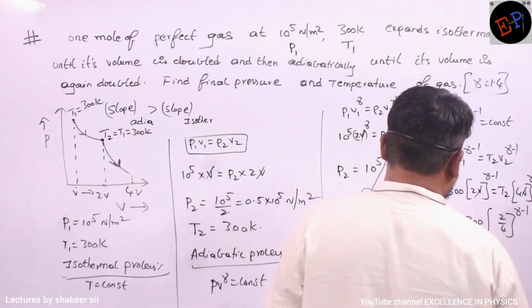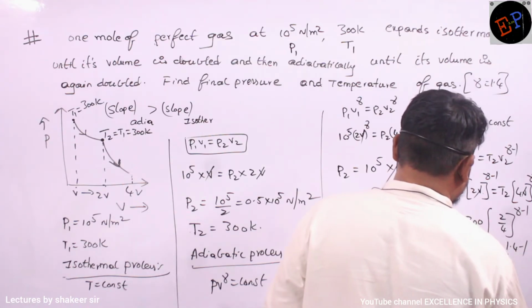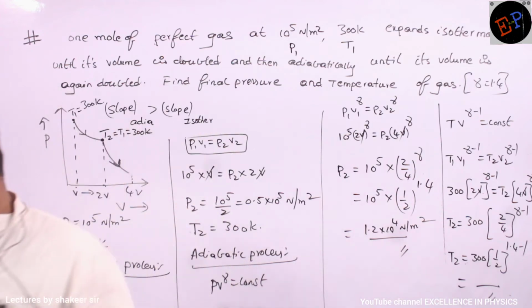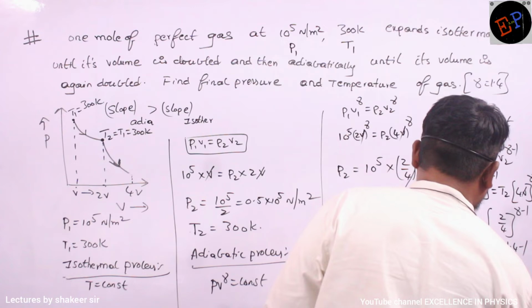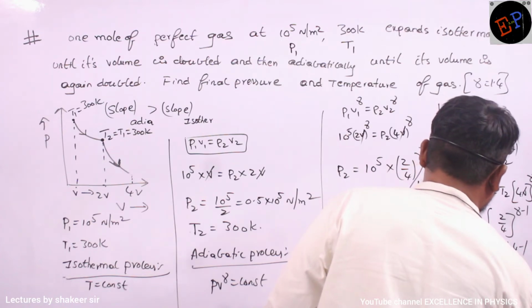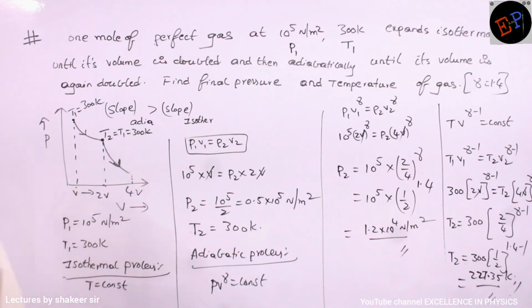So T2 value is how much? It is 300 multiplied by 1 by 2 power 1.4 minus 1. Okay. If you do this calculation, we will get the final temperature. And the final temperature is 227.35 Kelvin. So this is how we can calculate the final pressures and final temperatures.